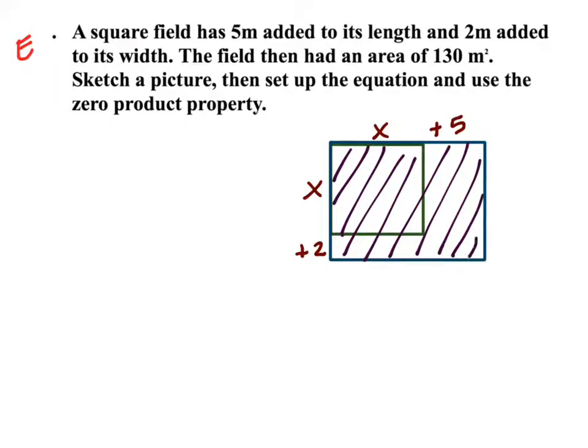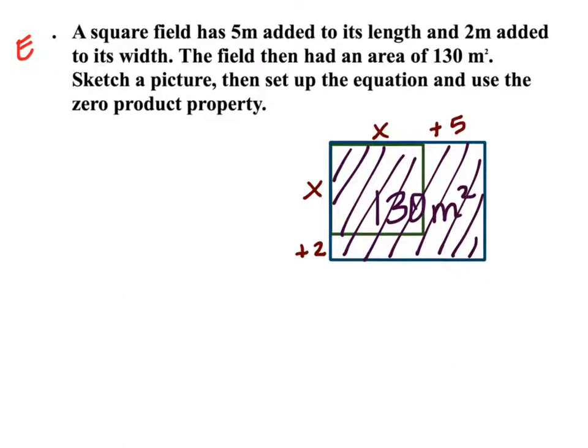After we made the extensions of 5 meters on one side and 2 meters on another, was 130 meters squared. So take a look at that and work through that. The zero product property should help you out there.